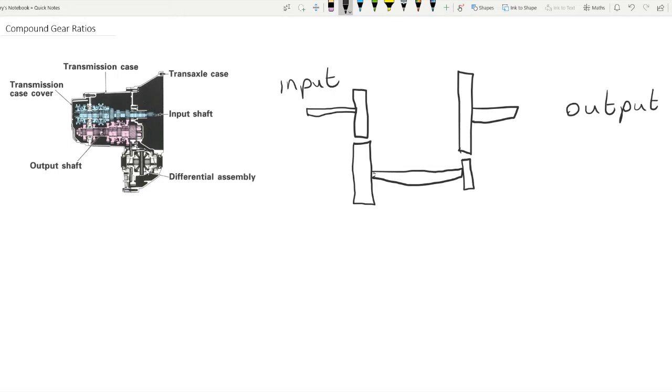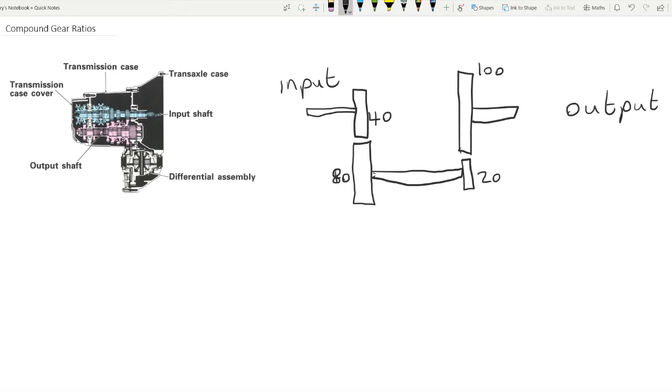So on this gear here we'll have 40 teeth. On this gear here we will have 80 teeth. On this gear here we'll have 20 teeth. And on this gear here we'll have 100 teeth. So I'm using bigger numbers, but it doesn't matter, the maths is still the same.